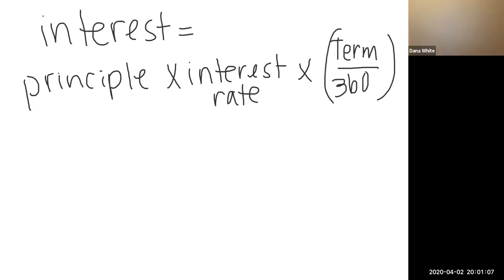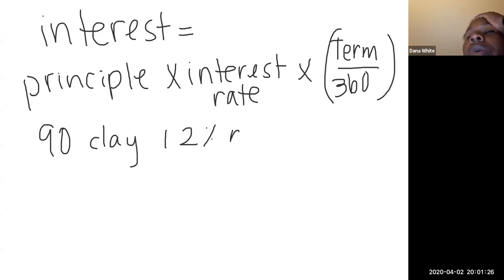So let's take, for example, this scenario. I don't want to switch screens, so for a second, let's take, for instance, a 90-day, 12% note, and the principal amount is 1,000.